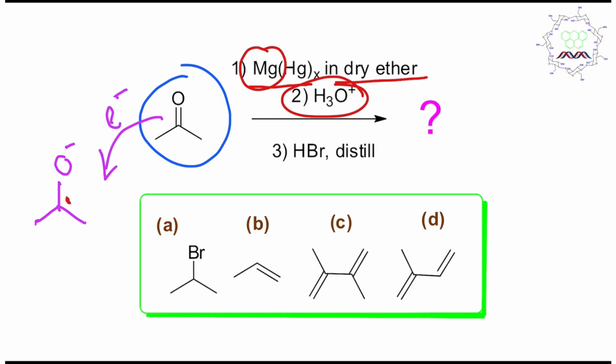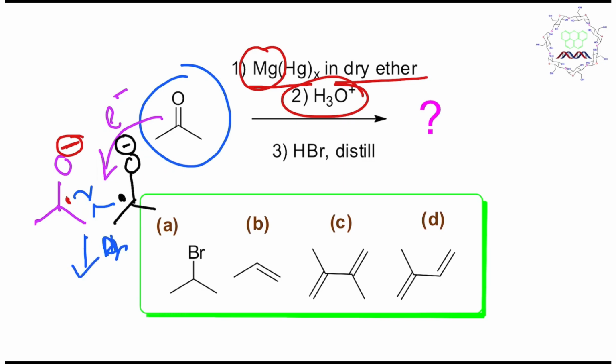Remember, the magnesium atom is there, so it can coordinate with these 2 anions. In this way the radicals come together and combine, and ultimately it produces a very unique molecule after workup.